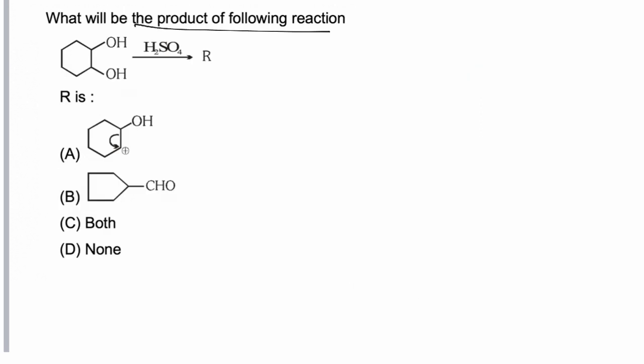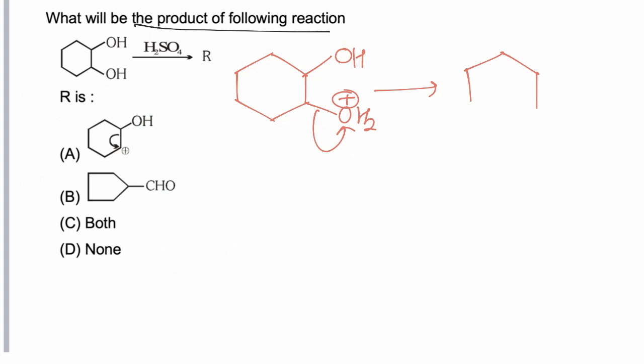So now this reaction is the case of pinacol-pinacolone rearrangement. So in first step, OH gets protonated to OH2 positive. Now water will be eliminated, so carbocation formed.